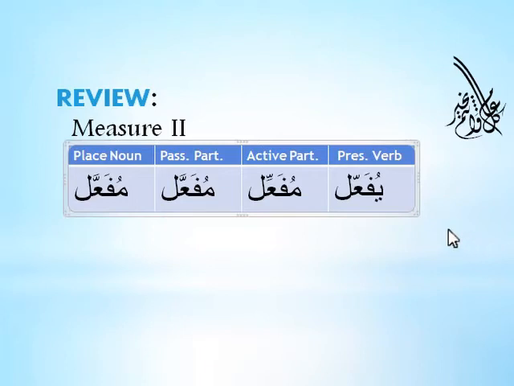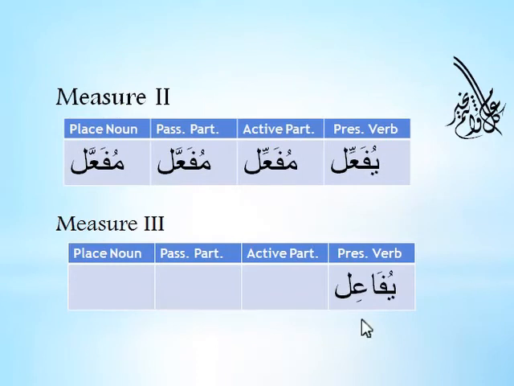Now take a good look at these patterns, because all we're going to do is plug measure 3 in where we have measure 2. So we start with our measure 3 verb. Now notice how much it looks like the measure 2 verb. The only difference is instead of having a shedda on the middle radical, it has an aleph in between.